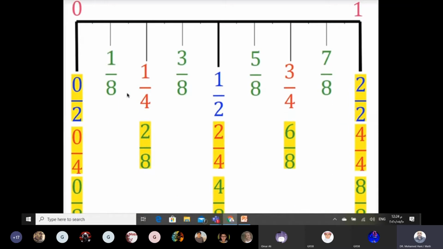Something very interesting about a ruler is when you name the tick marks, you don't say 2/8, you say 1/4. We also never say 2/4 or 4/8. We always say the simplified version of those fractions, which would be 1/2. So when we name a ruler, we always use the simplified version.